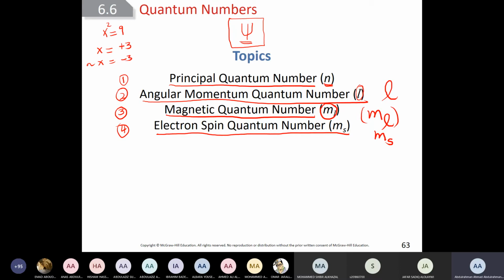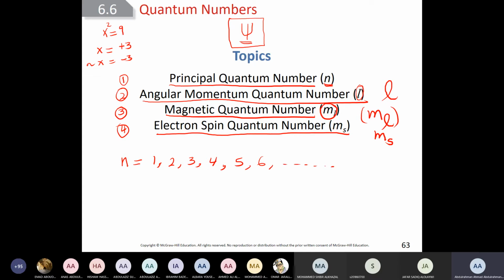So when we talk about n equal to something, we'll always have the value 1, 2, 3, 4, 5, 6, and so on.